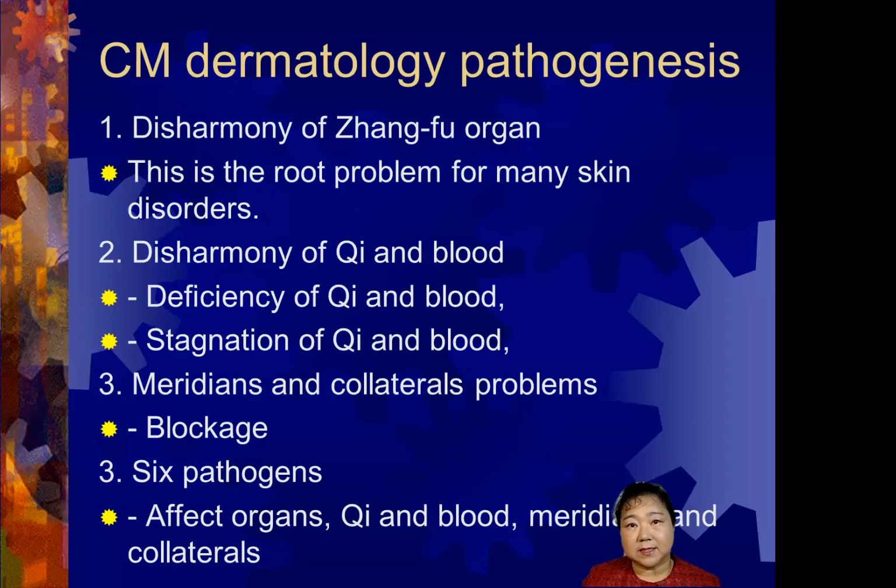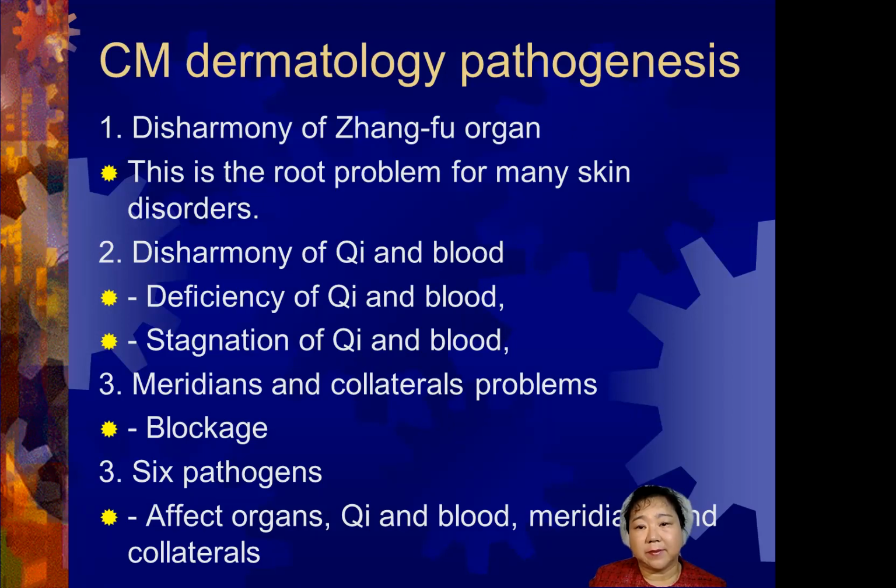For the Chinese medicine dermatology diagnosis, we're going to do 2 sessions because there's a lot of content. Now we look at this one. This is the pathogenesis. As I said, it's very basic. We have all learned it. I'll go through pathogenesis for each skin condition later.